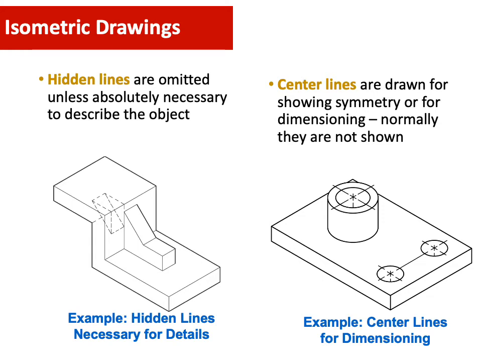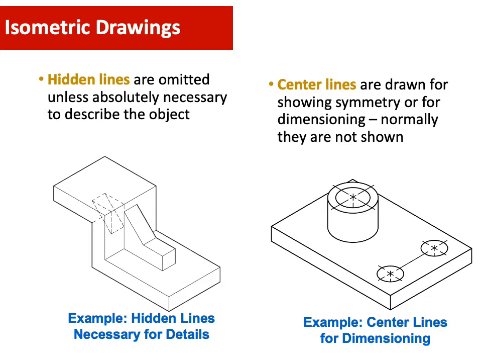For isometric drawings, the hidden lines are omitted, unless absolutely necessary to describe the object. So it's more preferable for the isometric to have the hidden lines shown, but if it's not necessary, yes, you can exclude them.